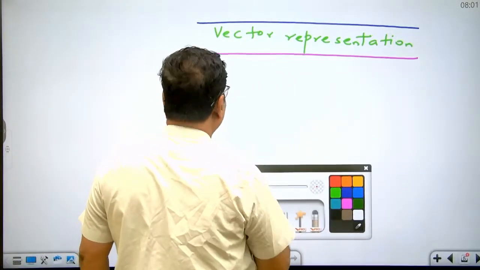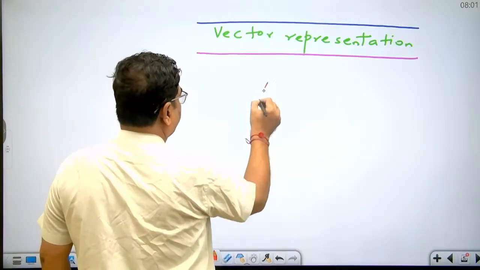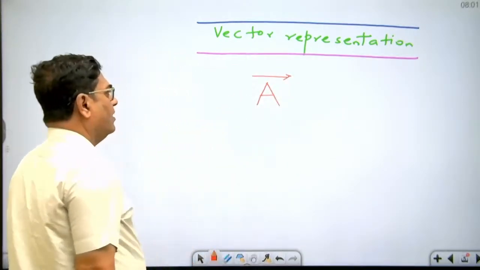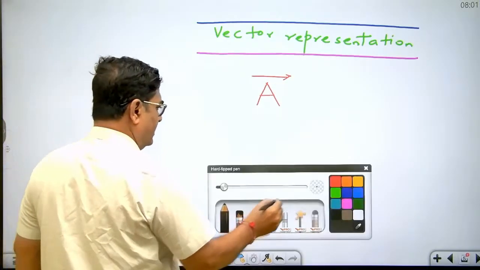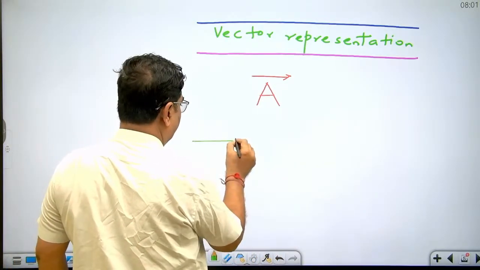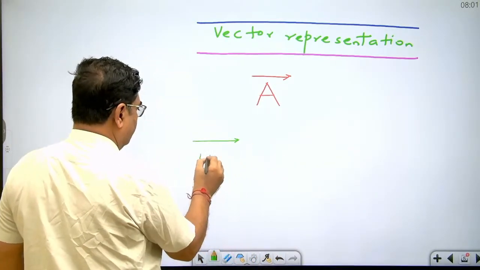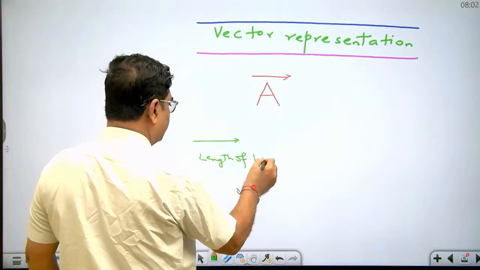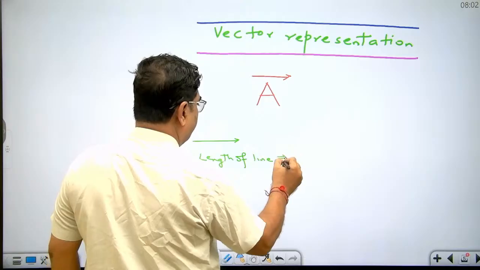Dear student, a vector is represented like this, by putting an arrow. Here, the length of this line indicates the magnitude of the vector.